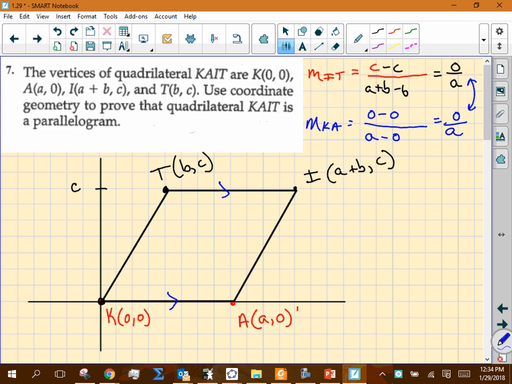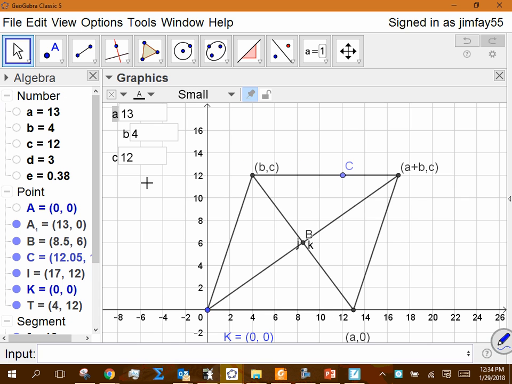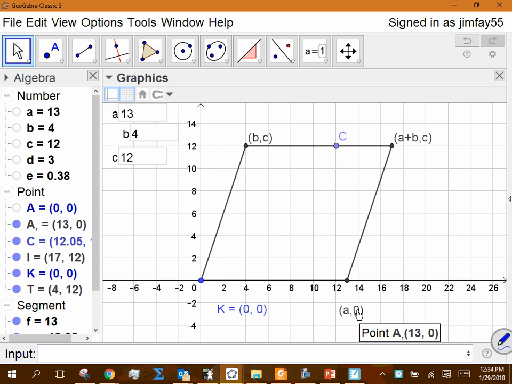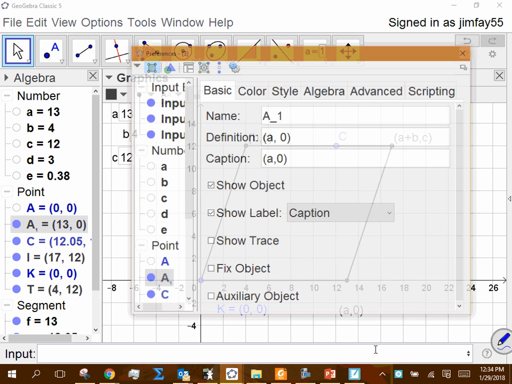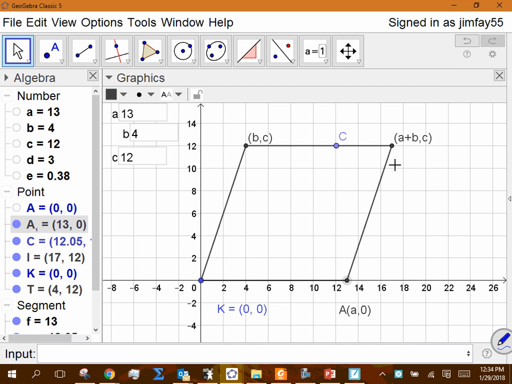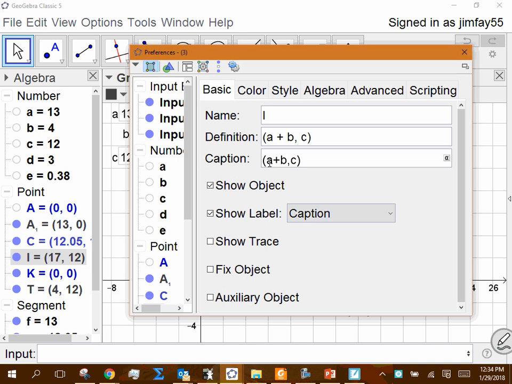Okay? Let me show you a visual of this. I've taken a GeoGebra and worked this out where this is point A plus B comma C, and this is B comma C. And let me actually write this way, capital A. I kept misspeaking last class with the labels of these things.